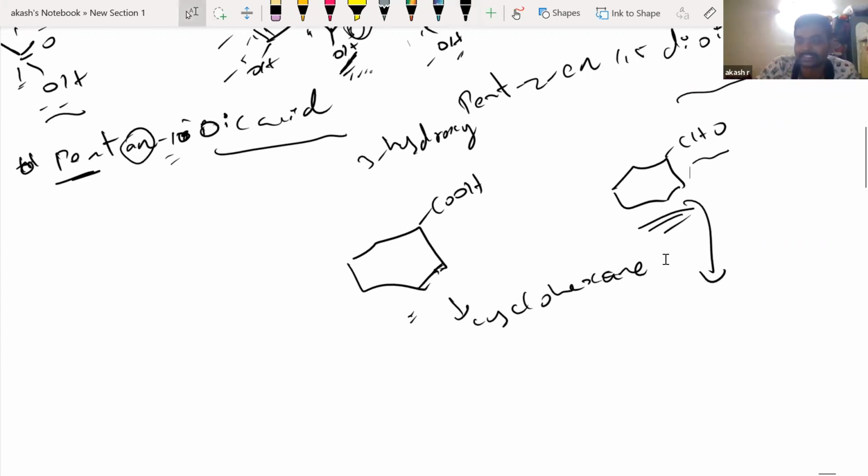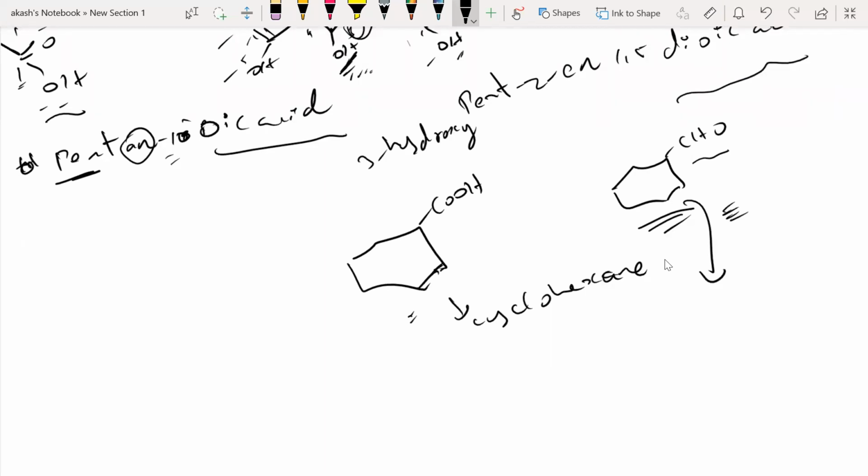I'm not asking you the explanation, what is the name of this compound? What you told is correct. Complete it fully. Hexane 1 carbohydrate. Is it normal hexane or what hexane? Cyclohexane. So almost right.